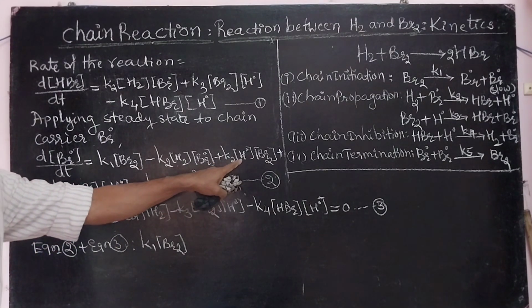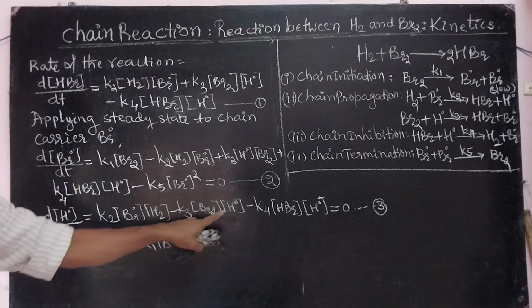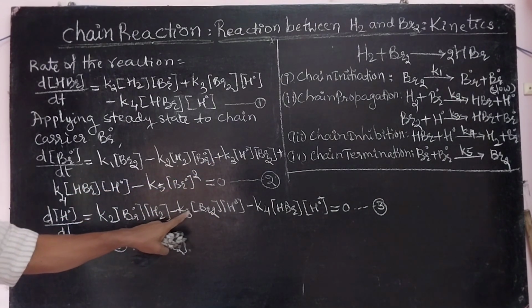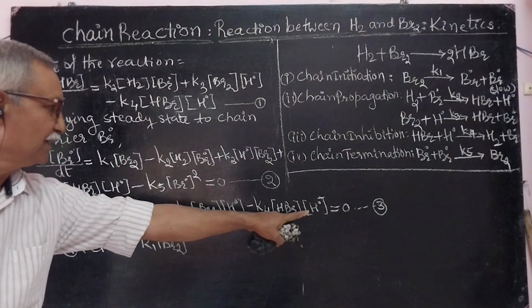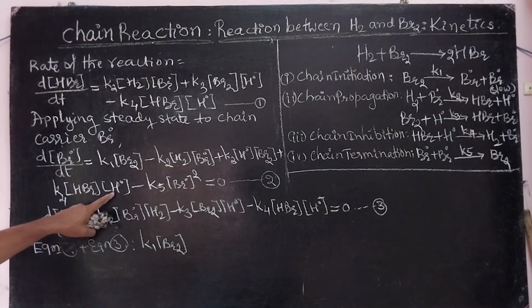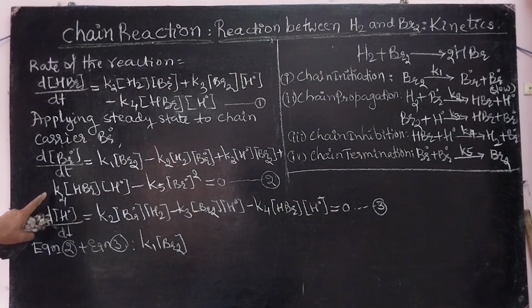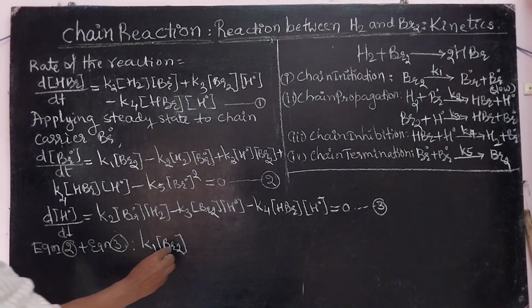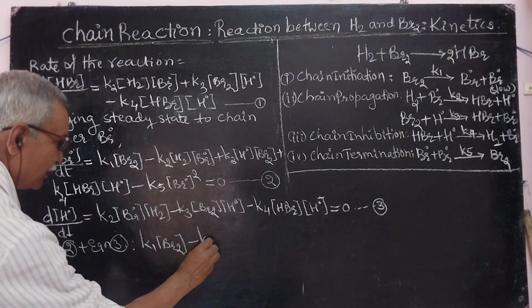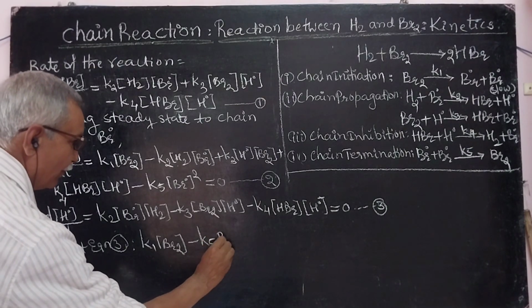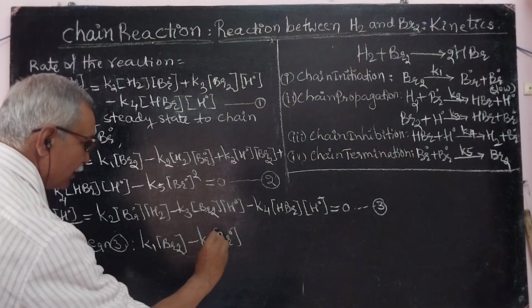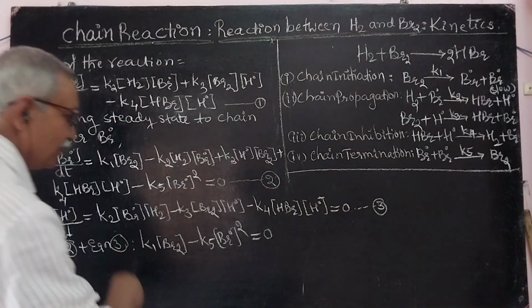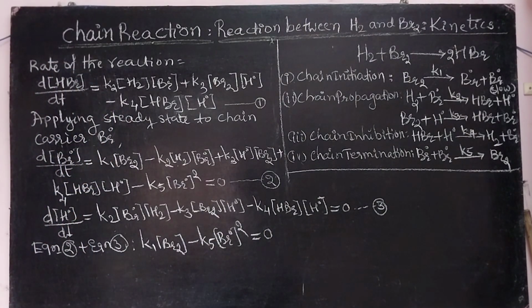Then K3 H dot Br2, these also get cancelled, one is plus and the other minus. Then K4 HBr H dot also gets cancelled because one has a positive sign and the other a negative sign. Then the only remaining term is minus K5 Br dot square, and 0 plus 0 is also 0.